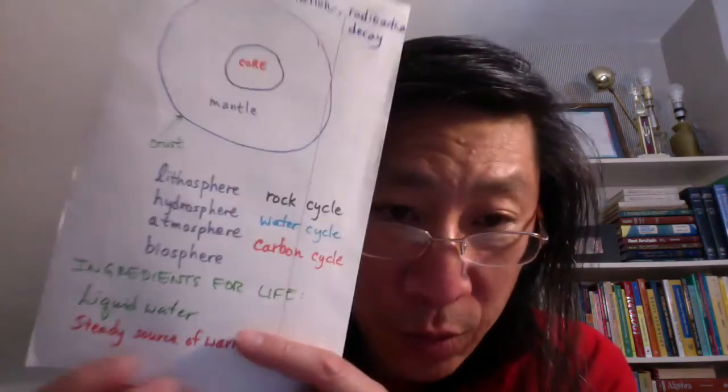So we're looking in worlds with liquid water and with steady sources of warmth. In the case of those moons we were talking about, Europa of Jupiter and Enceladus of Saturn, they have warmth from the tides coming in from their main planets. Is it enough warmth? Maybe. It seems possible, but that's stuff we're still thinking about and working on.